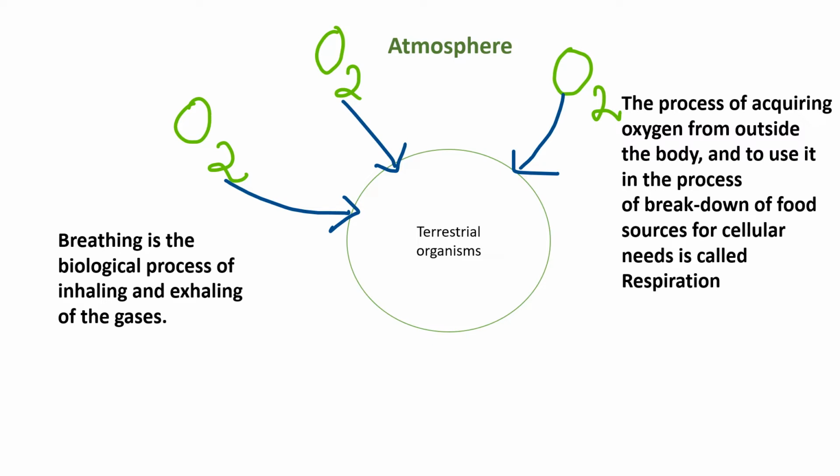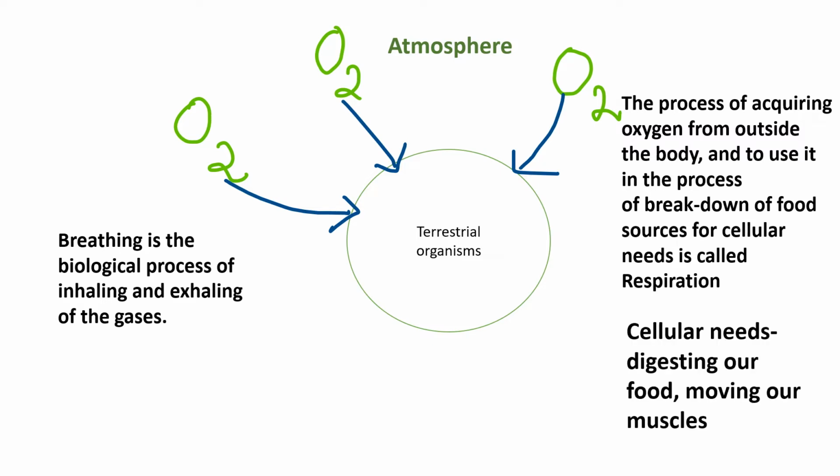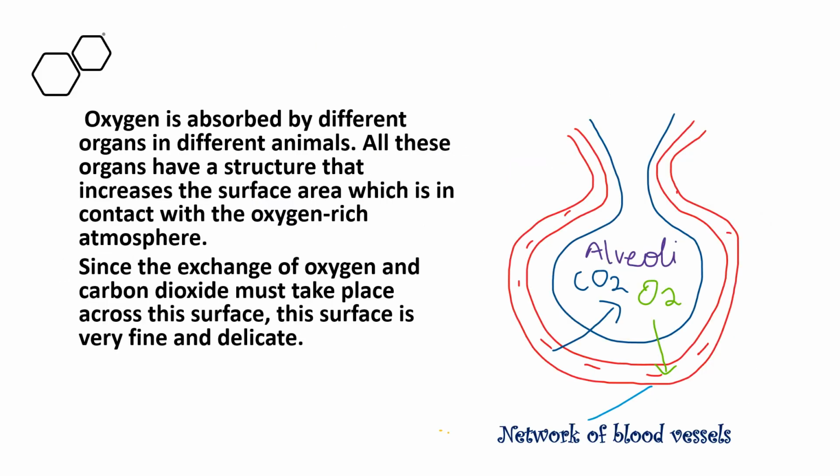So this is happening inside our cells. Cellular needs: digesting our food, moving our muscles, walking, dancing, and in the case of animals, moving from one place to another. So many activities. So breathing and respiration are two different processes.